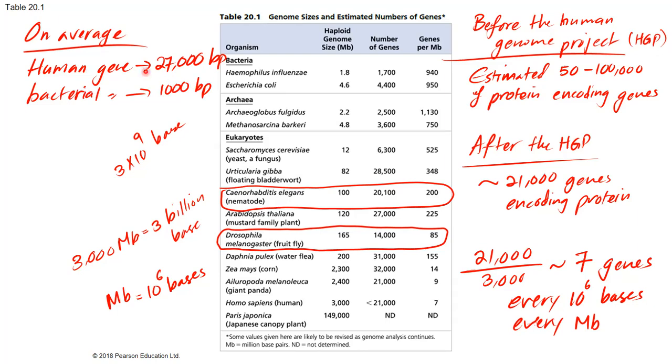So human genes are 27 times larger than a typical bacterial gene, because most of the nucleotides in a human gene are in introns, not exons.